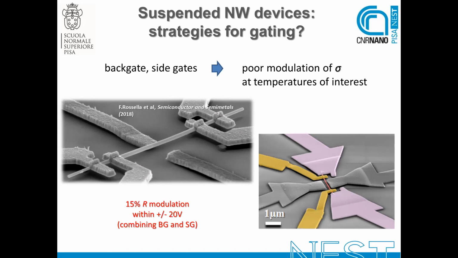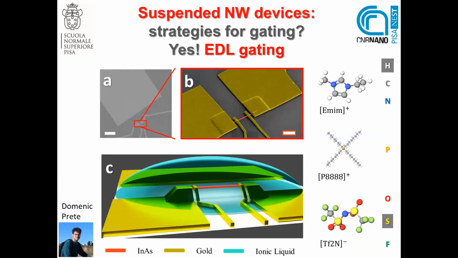And so the question is: is there any strategy for gating a suspended nanowire device and at a time measuring its thermal conductivity, electrical conductivity, and measuring directly or indirectly its Seebeck coefficient in order to get a fully electrostatically controlled figure of merit? So the answer is yes, and the answer is, of course, you can go with ionic gating or ion gating.